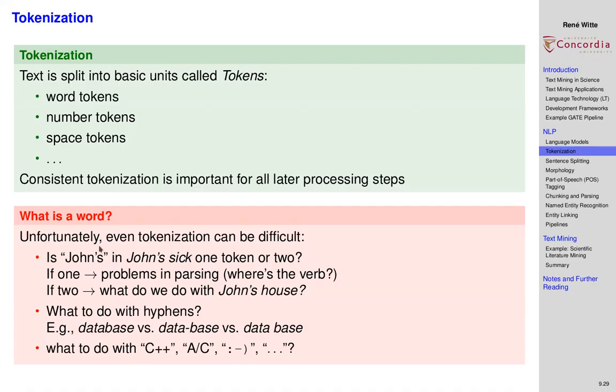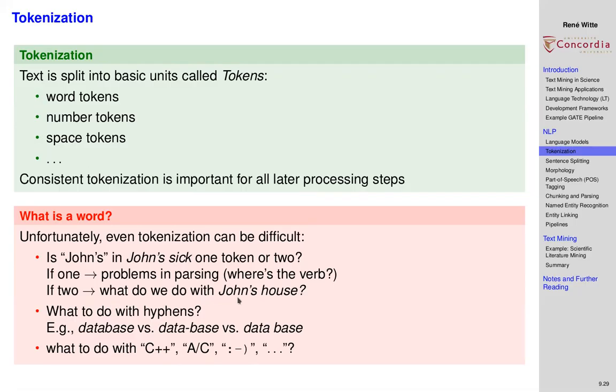Now you say, okay, let's be smart. We just split this off here because we know this is really an abbreviation for John is sick. So now we split this into two tokens and then we have John is sick and we can easily parse it because now we have a verb, the subject, the object. Now you're happy, it works.